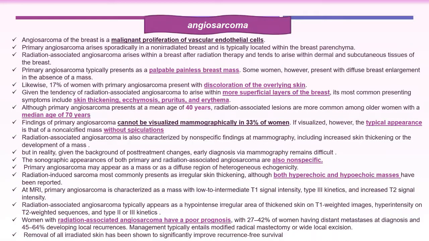The other point, a third of the cases can present with normal mammography. You might not see it on mammography at all, only on ultrasound. It has a poor prognosis. Usually the patient presents with metastatic disease.